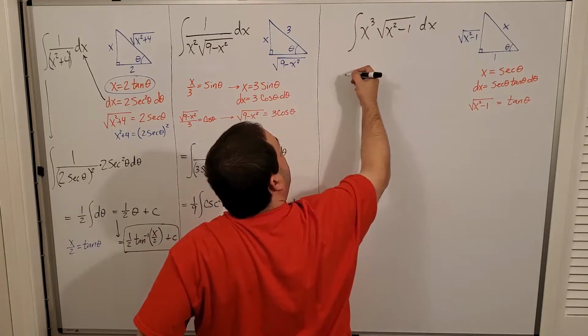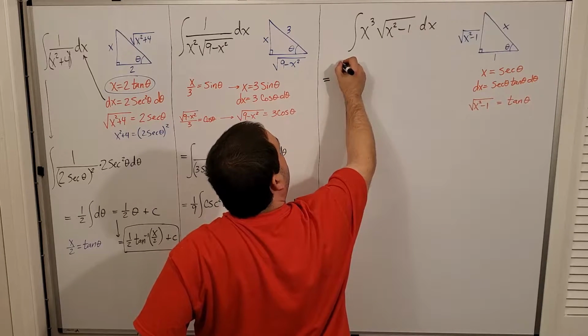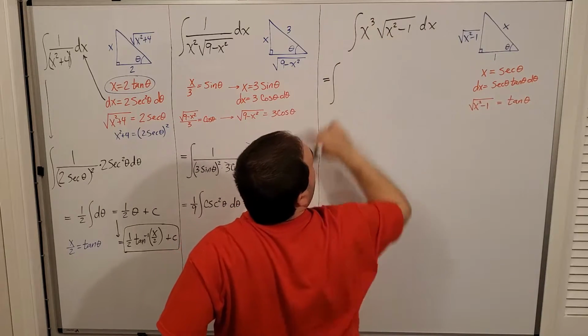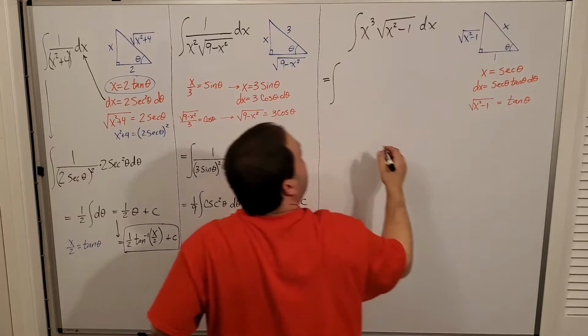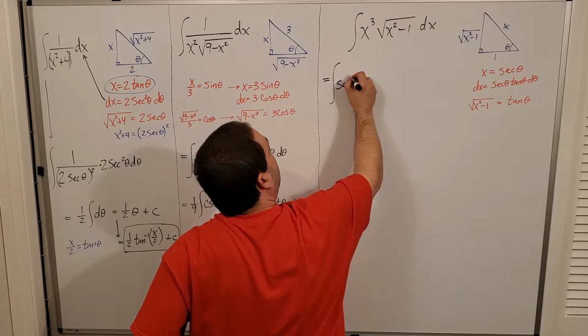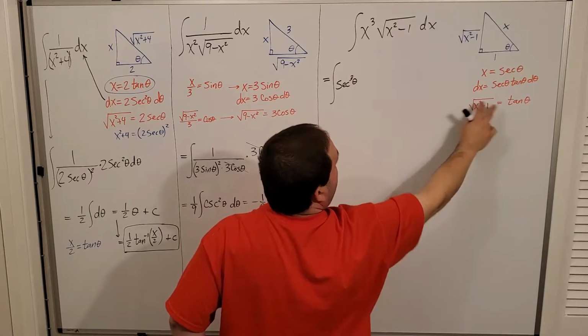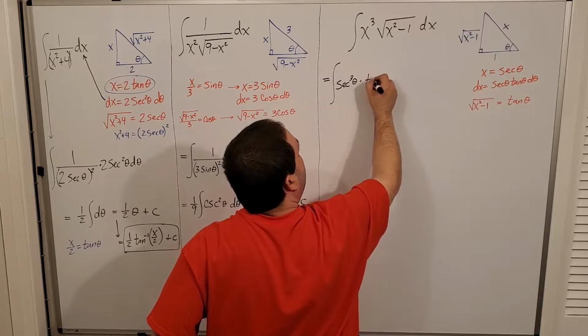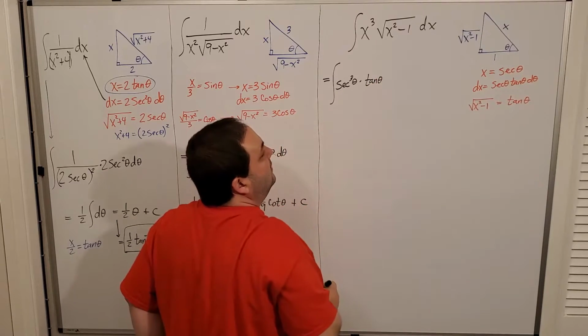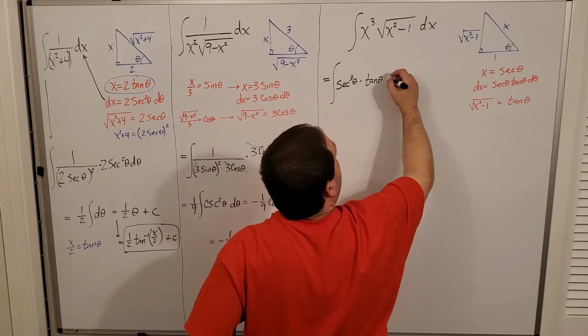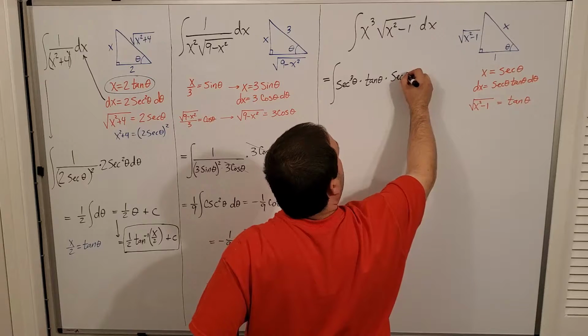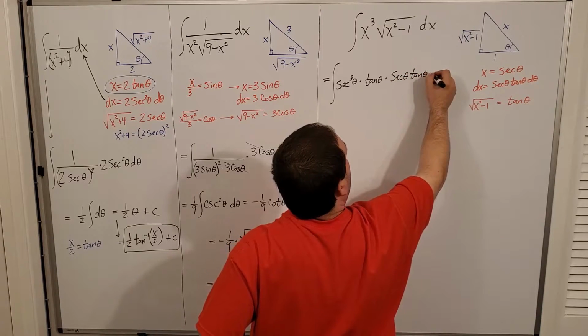So then this integral equals x cubed. That's going to give me secant cubed. The square root of x squared minus 1 is equal to tangent, so times tangent theta. And then dx is secant theta, tangent theta, d theta.